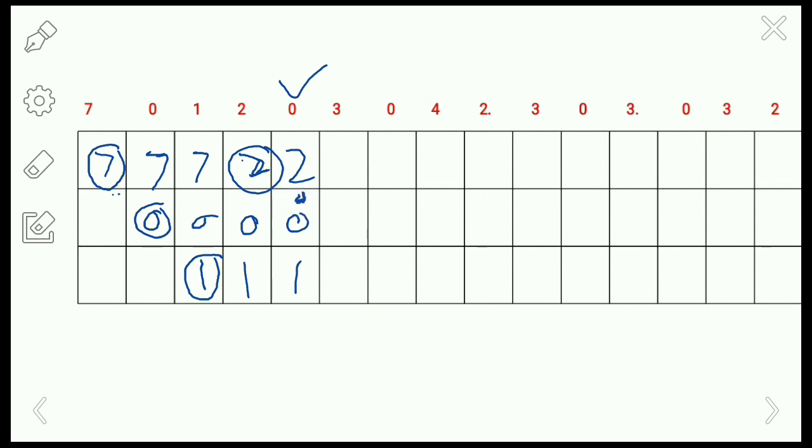Now we have to replace the page 3 here. The frames 2, 0, 1 are available in the main memory. At which place are we going to replace this?